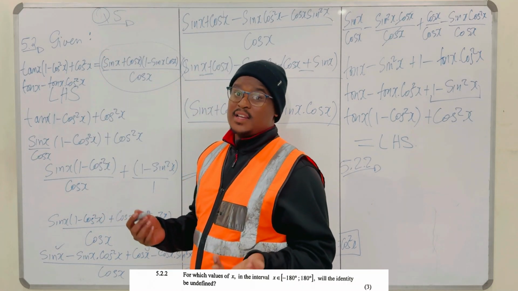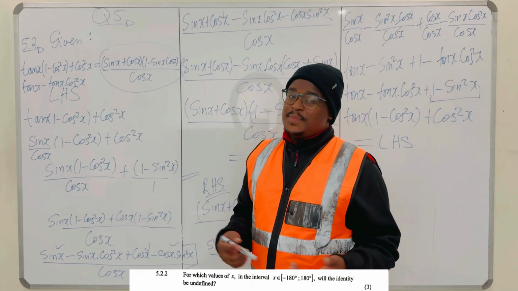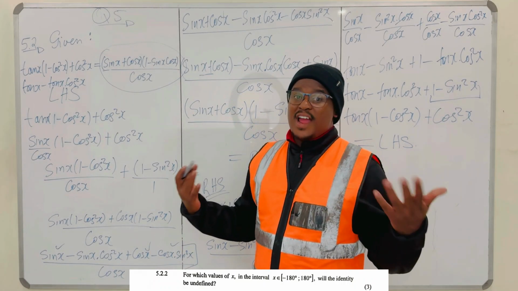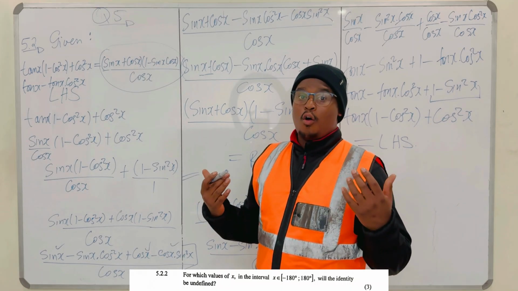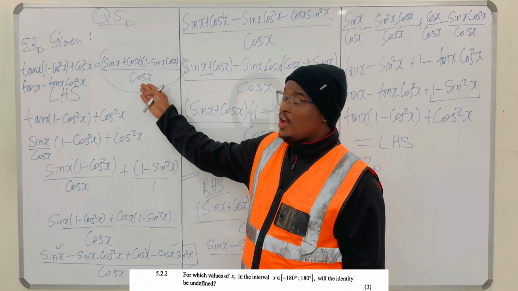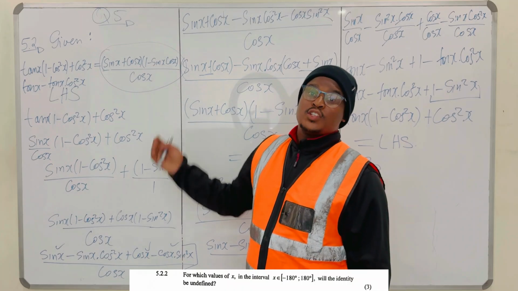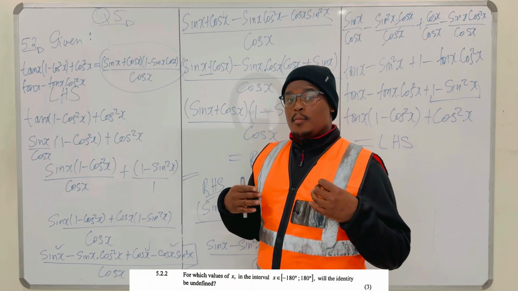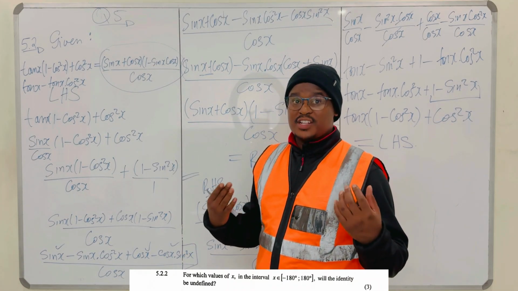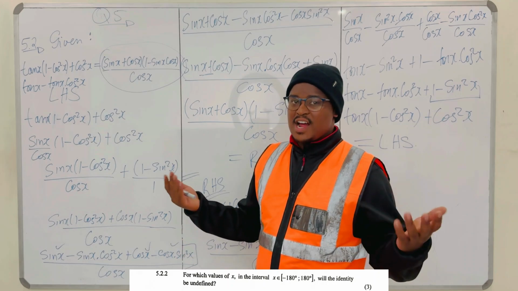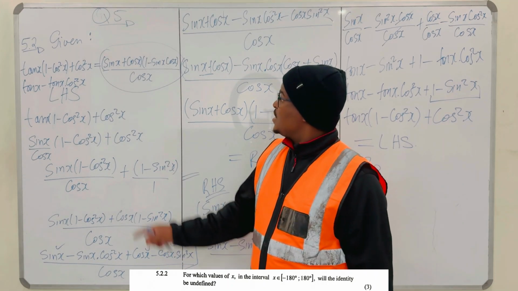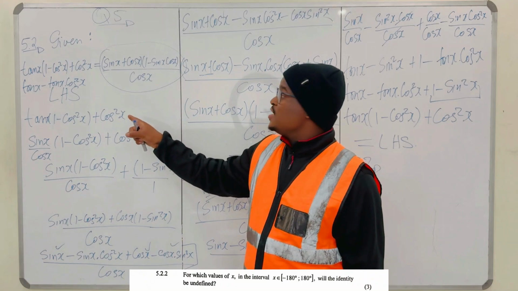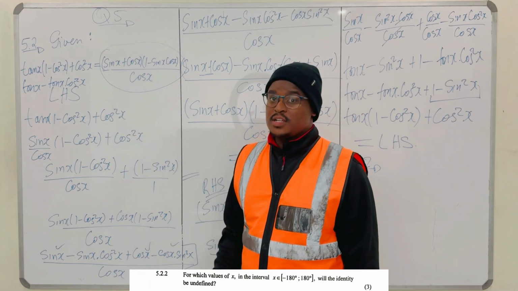What does it mean to be undefined? It means you don't have a value at a specific point. For what values of x will you not have a value on this thing? Most fraction expressions, or rational fractions if you are dealing with algebra, are undefined if the lower part is equal to 0.